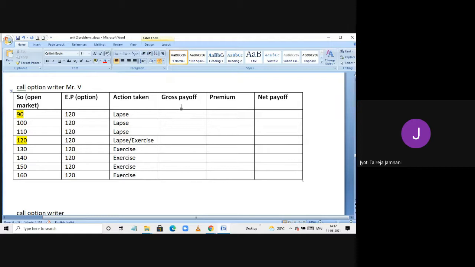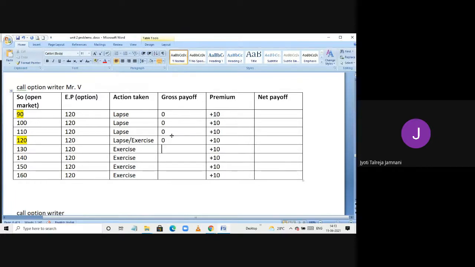Okay, now Mr. V will receive premium because Mr. A is paying premium. So plus 10 is the premium that Mr. V will receive. Gross payoff. When the option is lapsed, the gross payoff is always 0.